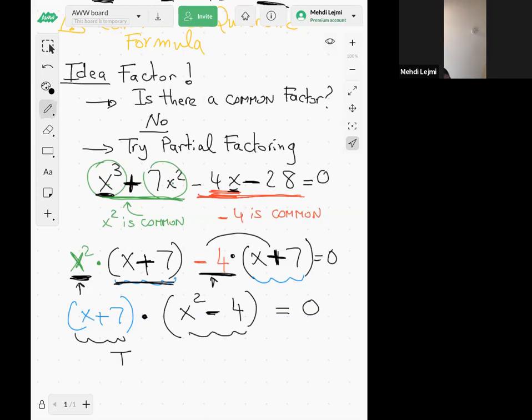Then either x plus 7 is 0, or this x squared minus 4 is 0. That's why factorization is very useful when you want to solve an equation equal to 0. Because when you factor, you have a product, and when you have a product equal to 0, then one of the numbers is 0.